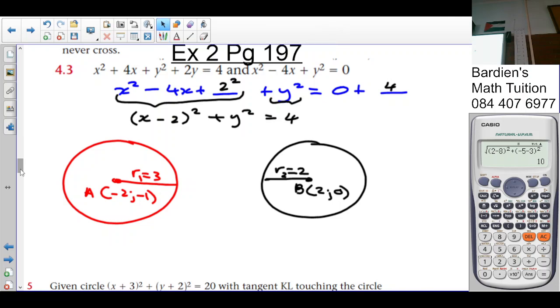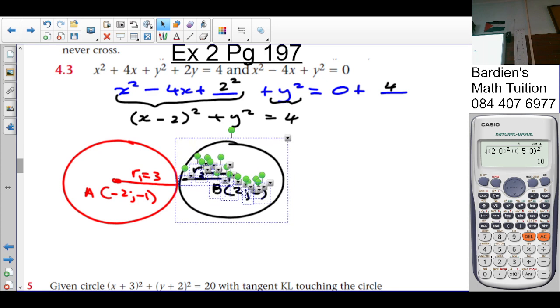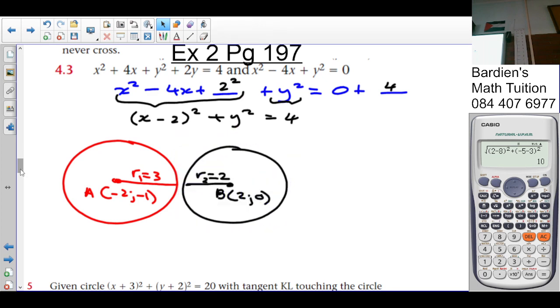So R1 plus R2 is equal to, what's R1 plus R2? 5. 2 plus 3. How do we calculate the distance between the two centers?